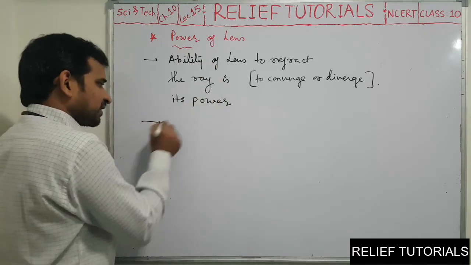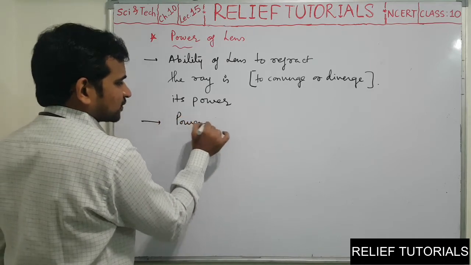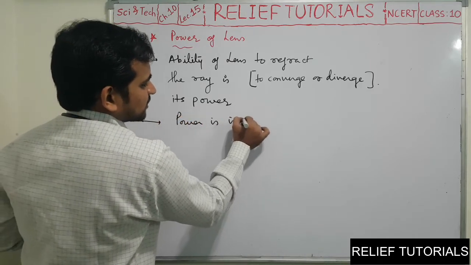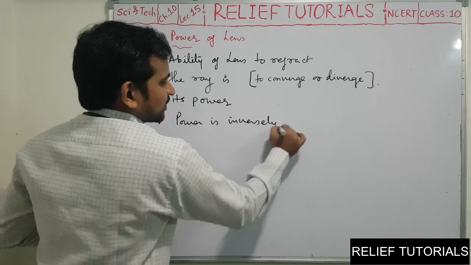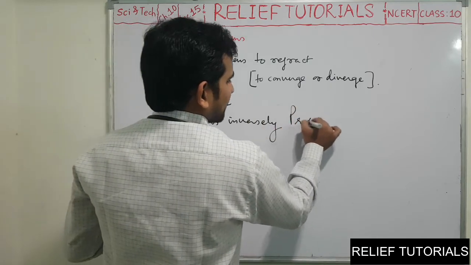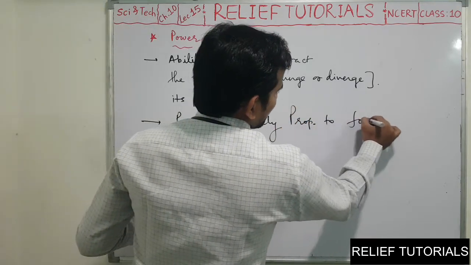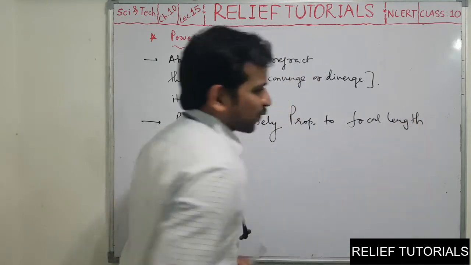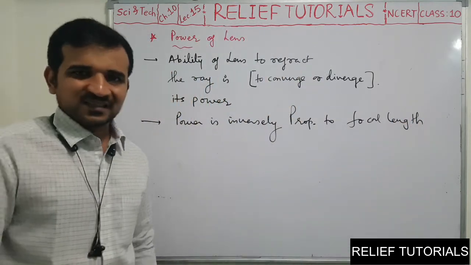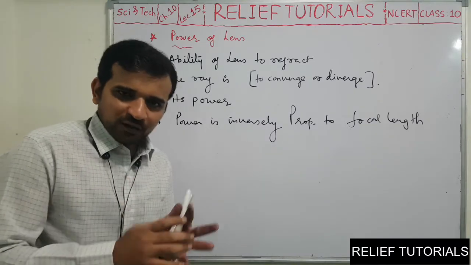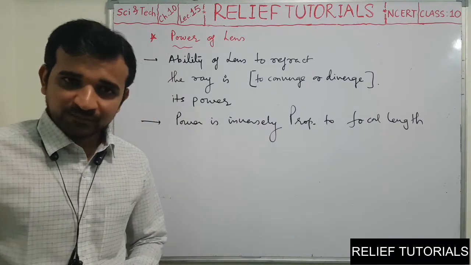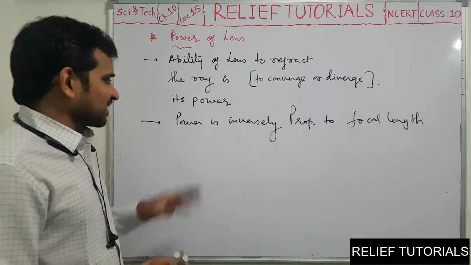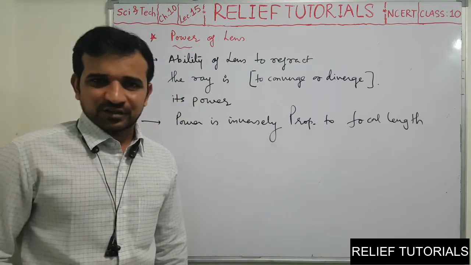One more thing we have decided, power is inversely proportional to focal length. Listen to me again. More is the focal length, less is the power. Shorter the focal length, more is the power. So indirectly we can say they are reciprocals of each other.